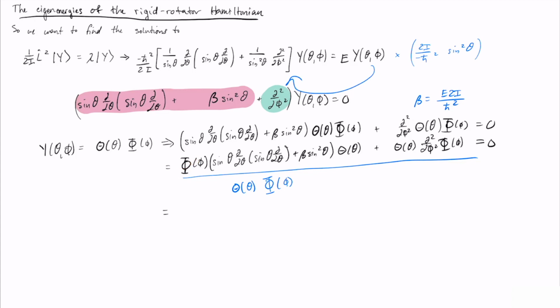And what you get back is this. And this can't be simplified any further because what you have is an operator acting on this thing, and so you can't simply divide this out.